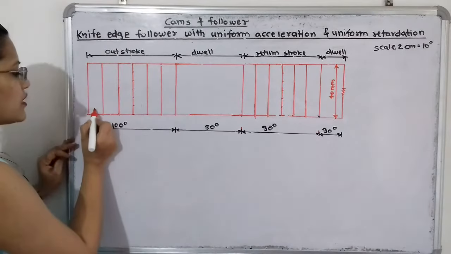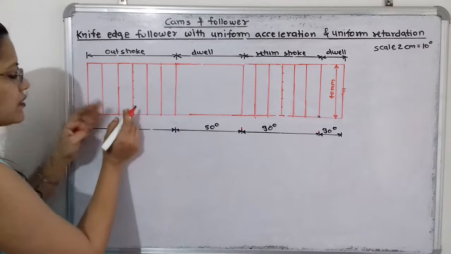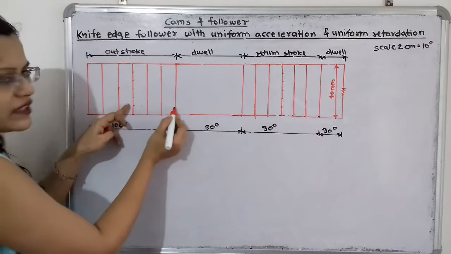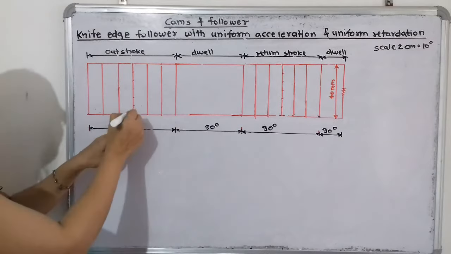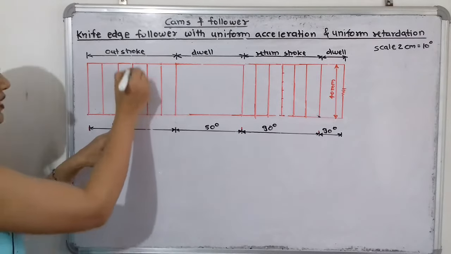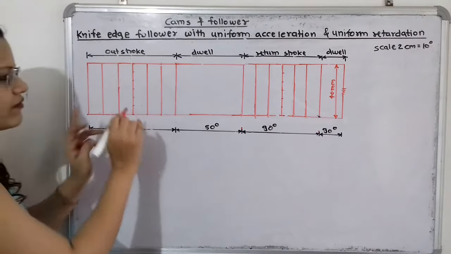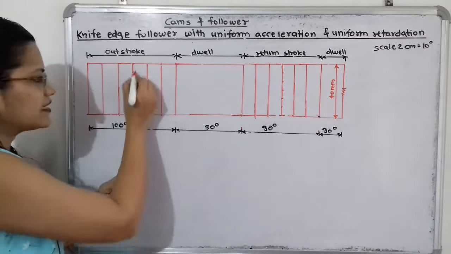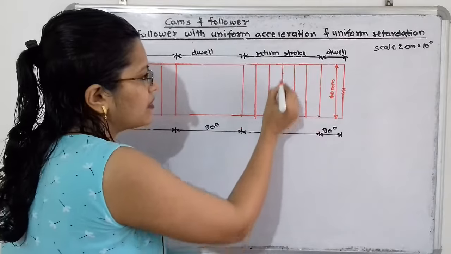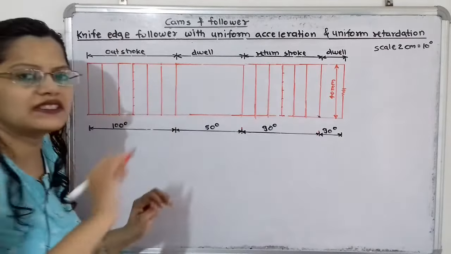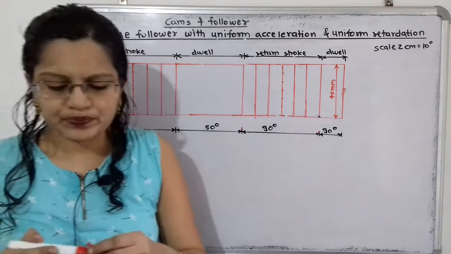If we observe, here is 1, 2, 3 on left hand side, and here is 1, 2, 3 on right hand side. So this is the middle line. Same number of equal parts we have to make, so we take here 6 equal parts. These points are getting selected. In the same way here also we have to select the middle line and make the 6 equal parts.